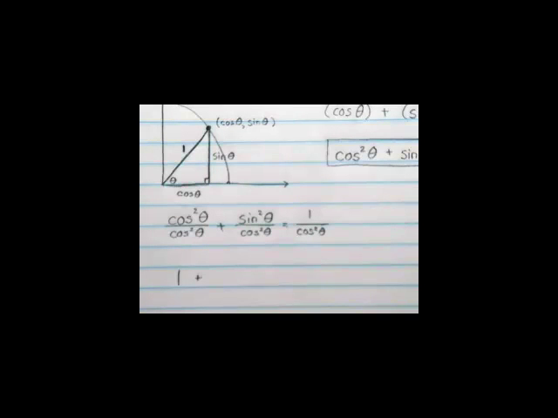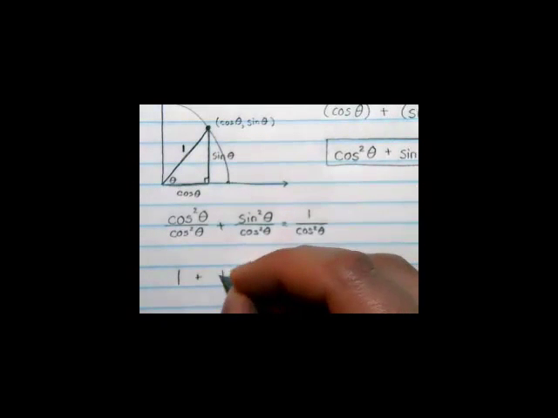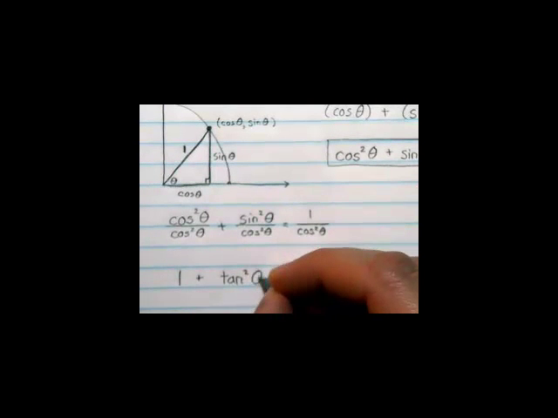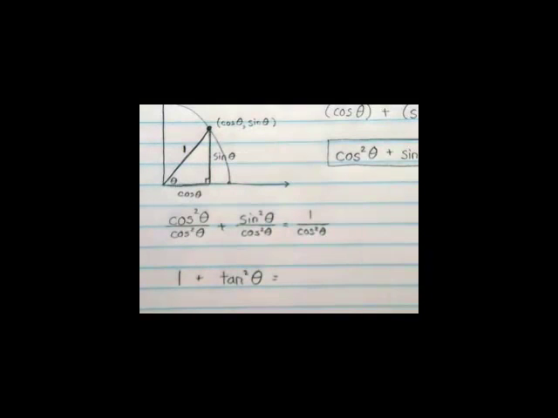Sine over cosine is tangent, so sine squared divided by cosine squared is tangent squared. So 1 plus tangent squared theta equals, what's 1 over cosine squared? Secant squared, right? Because 1 over cosine is secant, so that means that 1 over cosine squared would be secant squared.